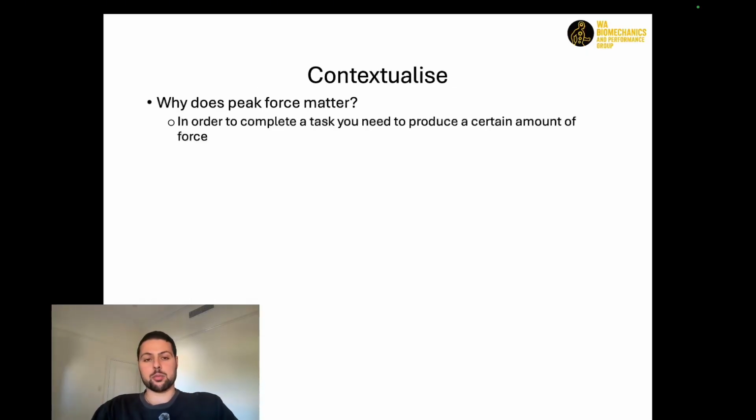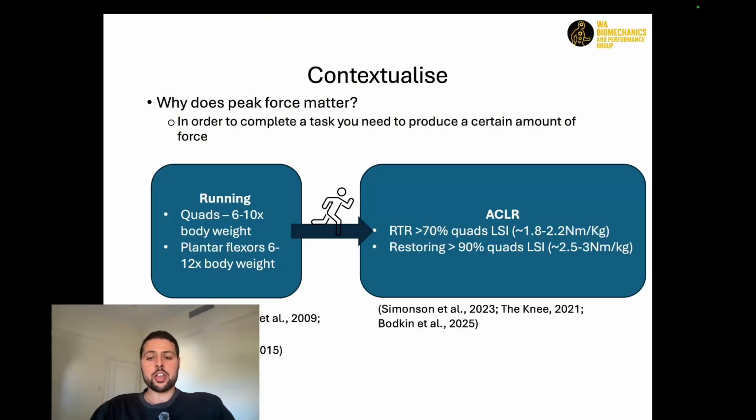And why do they matter the most? Well, for starters, why does peak force matter? In order to complete a task, we need to be able to produce a certain amount of force, right? It's basic Newtonian physics. To do something, we need to be able to produce force to do it. If we take this into the physio world, the running world, through biomechanical loading profile studies, we have seen that internal loads on the quadriceps during running, depending on how fast you run, can be as great as 6 to 10 times body weight.